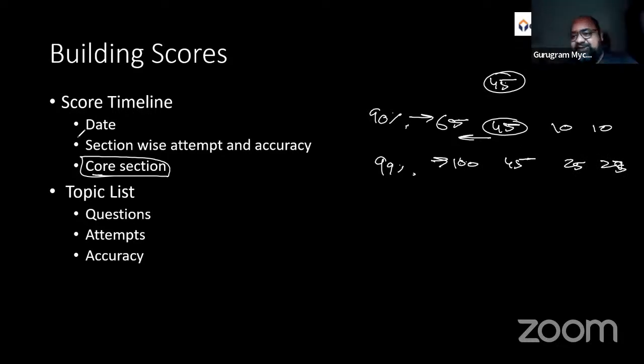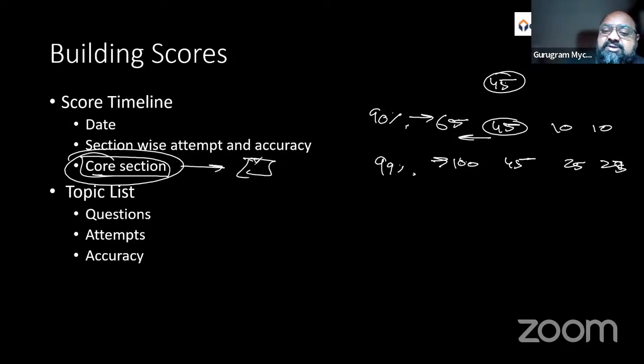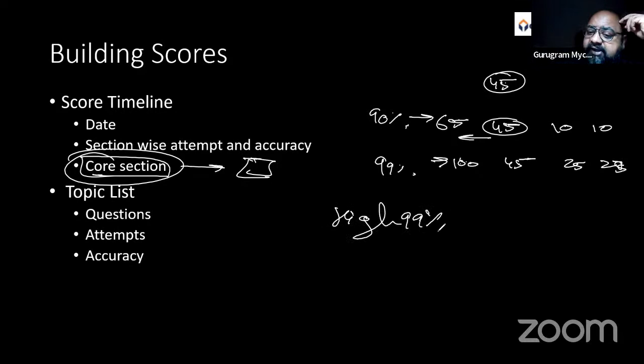So when you have that list in front of you, you will identify what your core section is, which you regularly do well in, and what is the score in that section. For a high 99 percentile, what you need is two sections which add up to a 99 percentile. कहने का मतलब है, if there are two sections in which your score is 100, you will get a high 99 percentile.